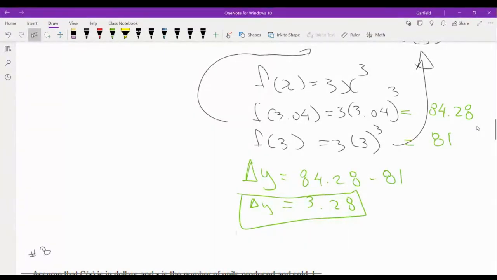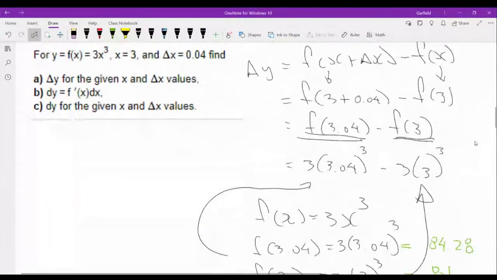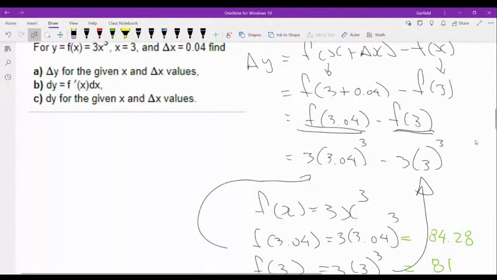So it's not bad, but it does roll in some of the earlier concepts. And part B is where we're rolling in most of them. So let's go to part B. Part B says dy is equal to f prime of x times dx.